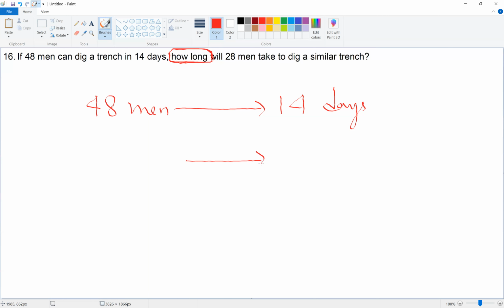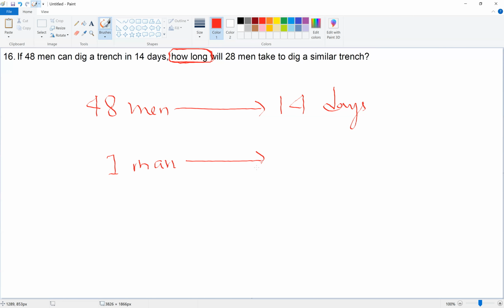To find out how much is 1 day, you have to do 1 day or 1 man? One man. Okay, so what would be the right side? This is a little different.